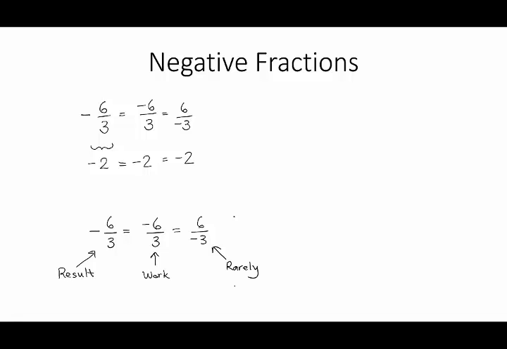Let me give you an example of why we typically write our negative in the numerator. If I have given you a question such as negative 7/5 plus 3/5, when we start to add and subtract positive and negative fractions, it is much easier for us to get a common denominator if we think of this as negative 7/5 plus 3/5.